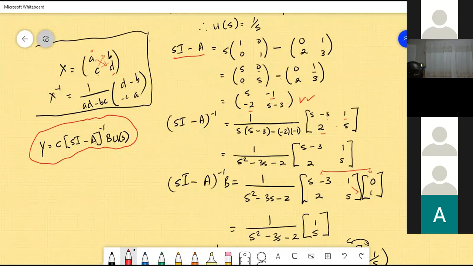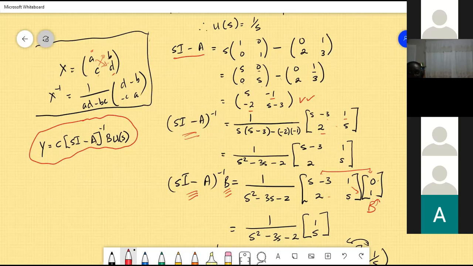All right, so I have sI minus A inverse. The next thing is sI minus A inverse times b. So I just tack on b. So this is my b that I just tacked on. It's a matrix multiplied by a vector, so you multiply row by column. So s minus 3 times 0 is 0, 1 times 1 is 1, so that's 1. 2 times 0 is 0 plus s times 1 is s.